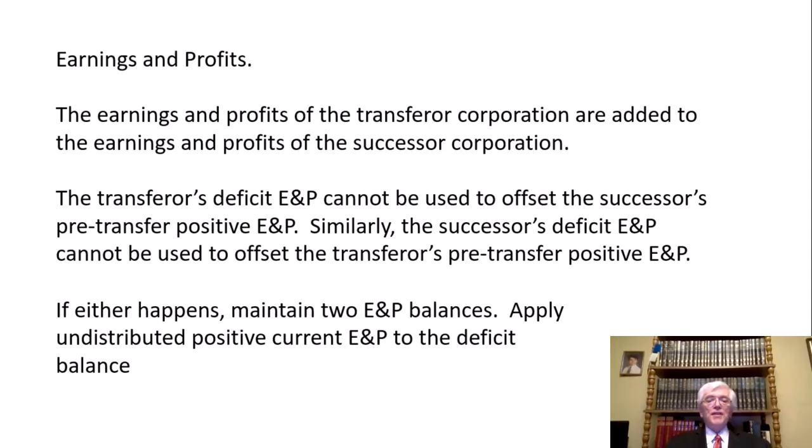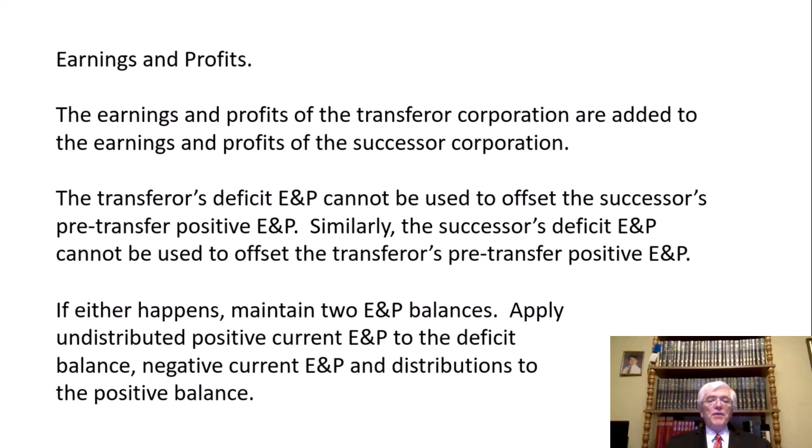If you didn't distribute all the current E&P, then what's left over, that positive number goes to the deficit balance. If you have negative current E&P, or if you make distributions in excess of current E&P, well, then you're going to apply that to accumulated E&P. That's going to go to the positive balance.